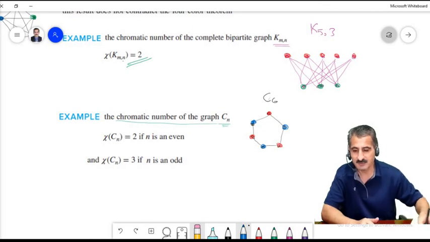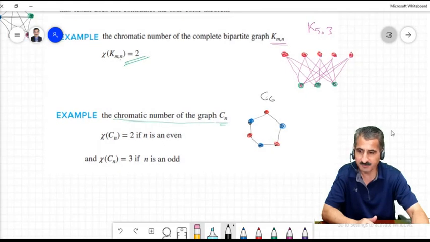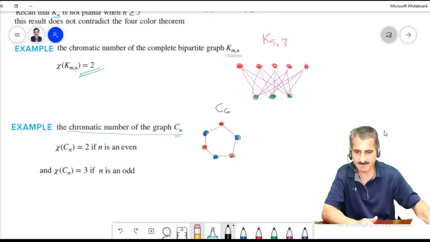Okay, let's see what happens with C5. Are 2 colors enough again? C5, a circle with 5 vertices, connected this way.